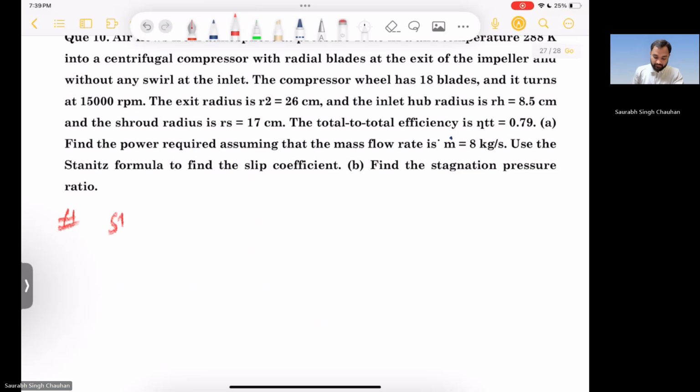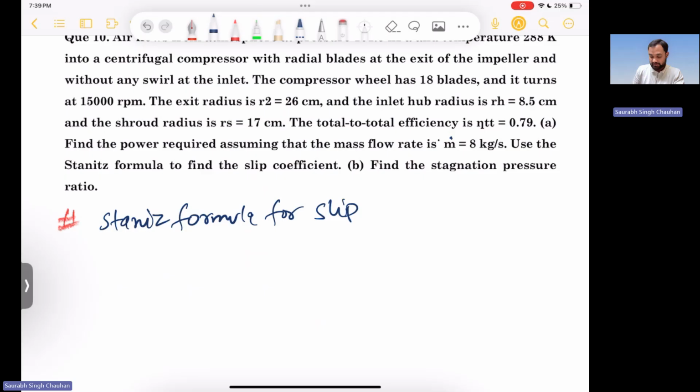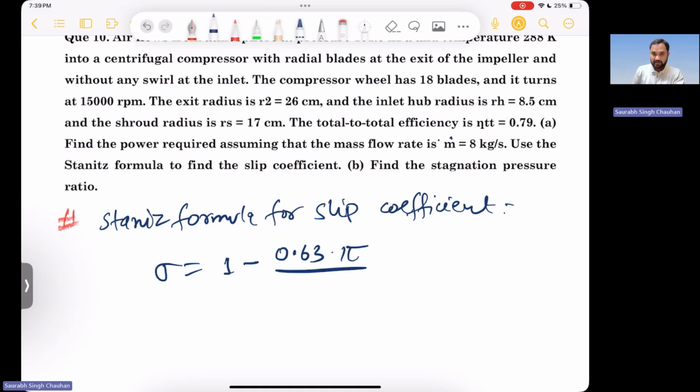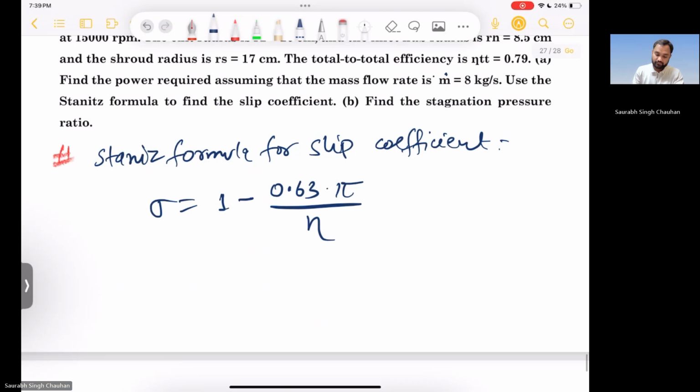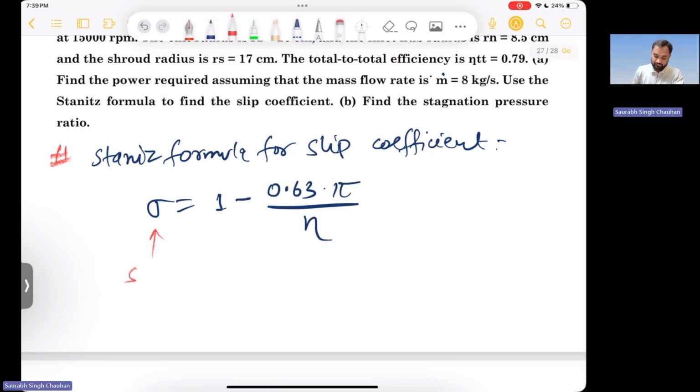The Stanitz formula for the slip coefficient is sigma equal to 1 minus 0.63 pi divided by n.